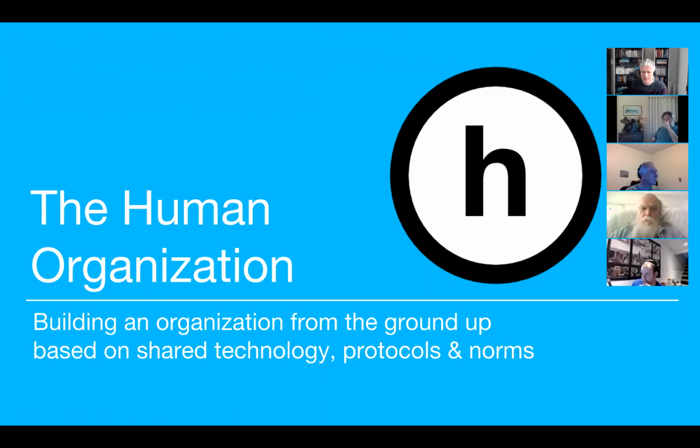So just to recap for a moment, I'm going to show you a new presentation here that is based on a presentation that Philip Sheldrake gave about 2.5 years ago. And he introduced a concept called the human organization in that deck. And I'll provide a link to that later.